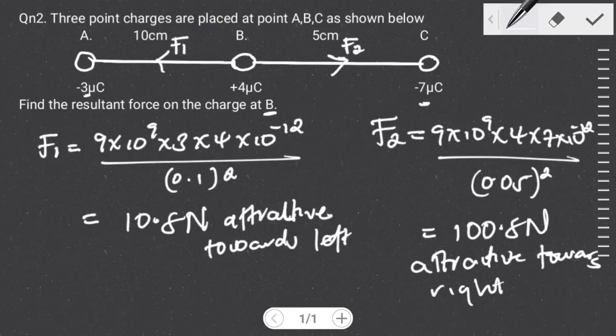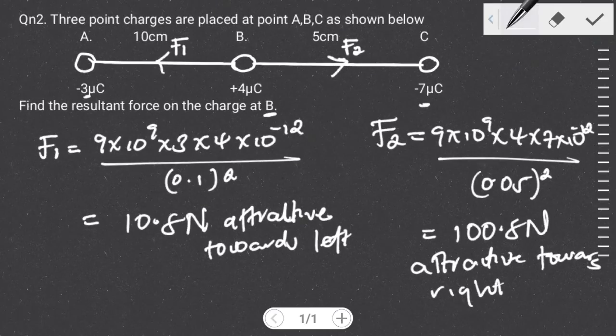Now, having got this, the negative 7 nC charge and negative 3 nC charge are acting on the positive 4 nC charge, and therefore the resultant force caused by these two forces would be got by getting the difference between the forces.